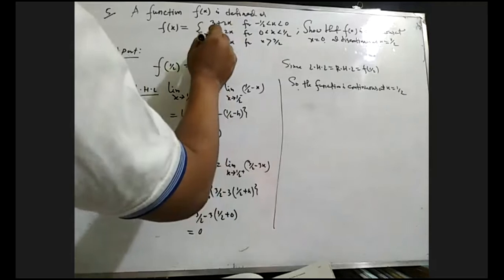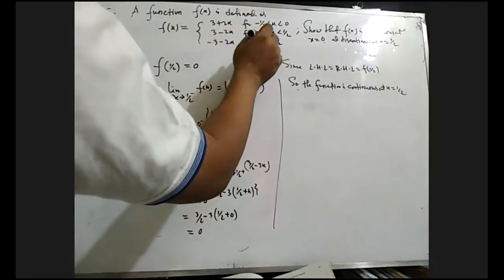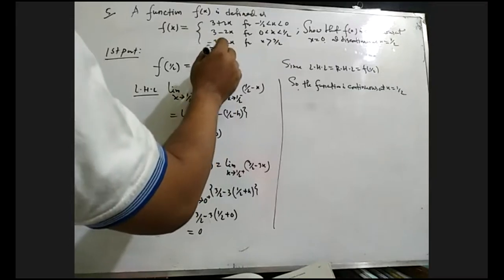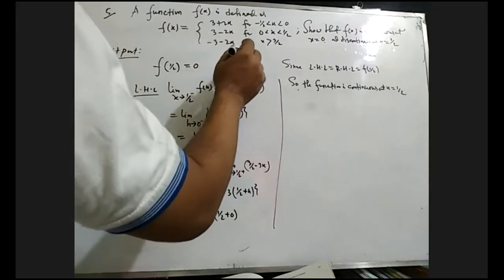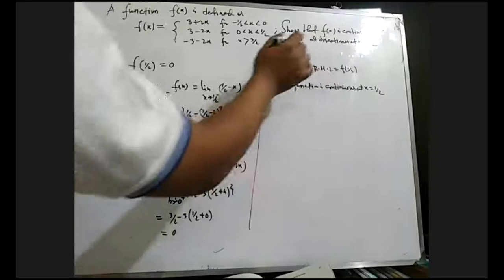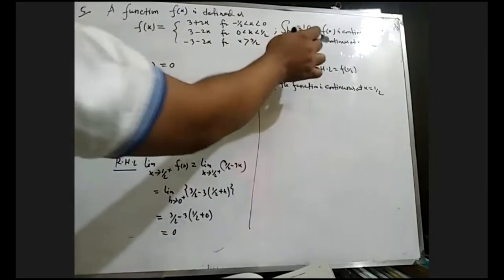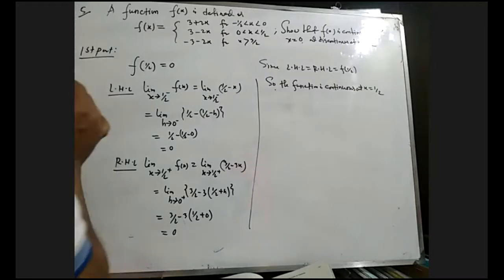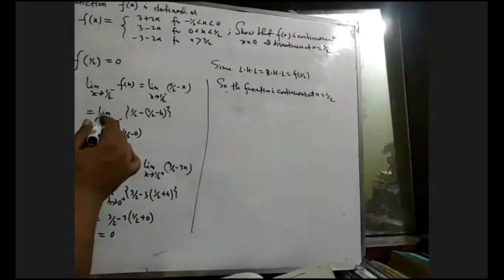And second piece, 3 minus twice x for 0 less than x less than half. And third one, minus 3 minus twice x for x greater than or equal to 3 by 2. Remember, this is the value.